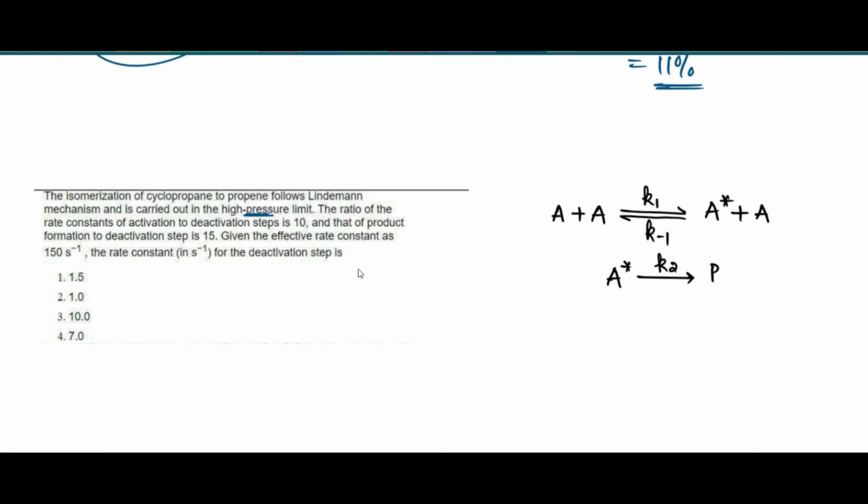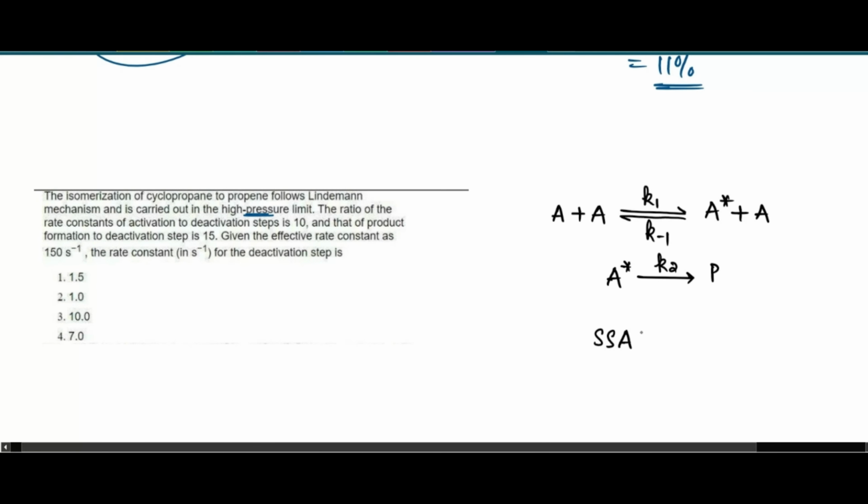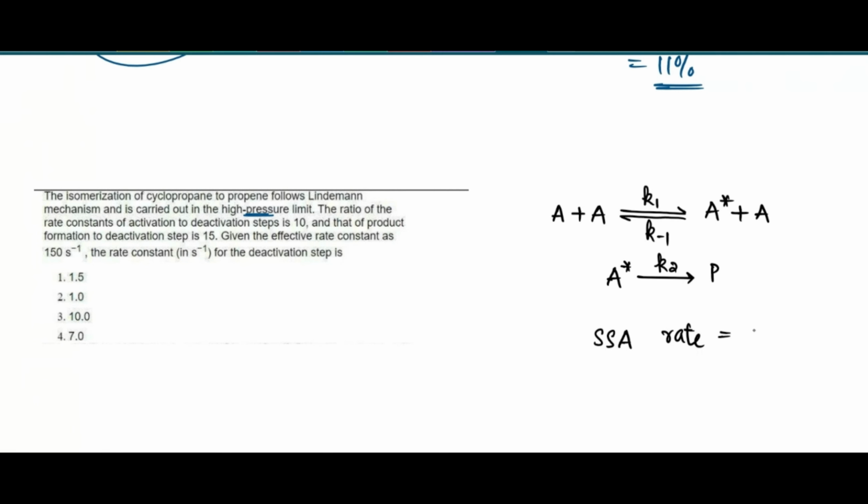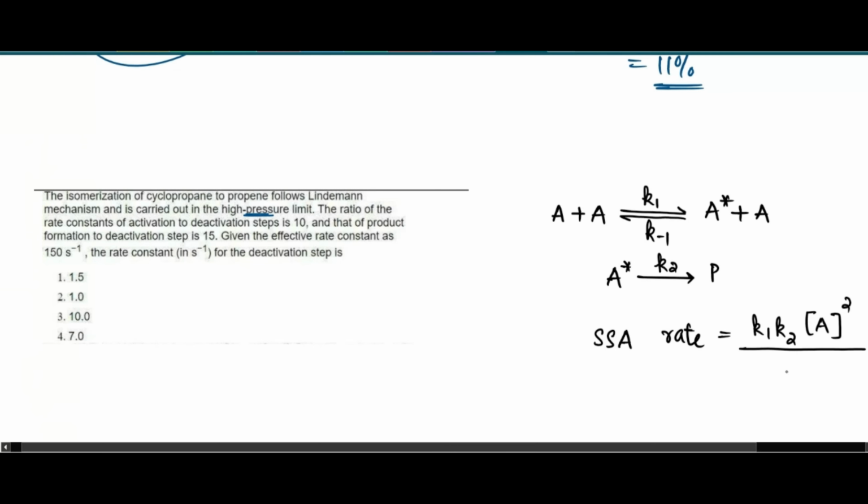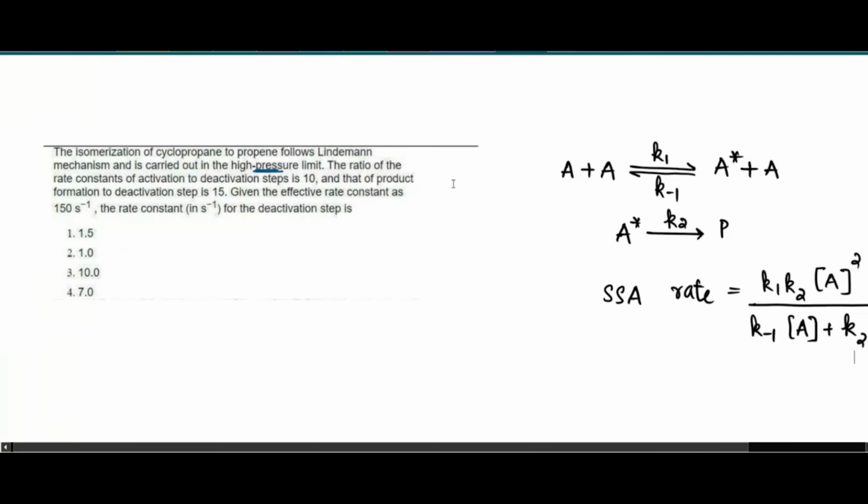Okay, after applying the steady state approximation, the rate of the Lindemann theory, this also you have to know, is K1, K2, concentration of A to the power 2 divided by K inverse A plus K2. You have to learn it by heart.